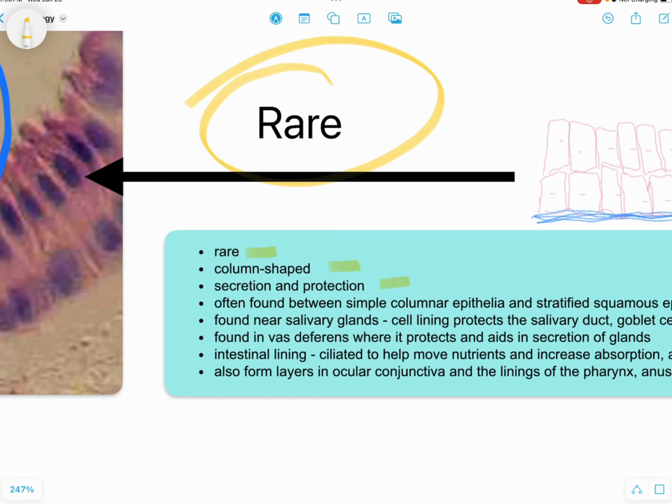It's often found between simple epithelia and stratified squamous epithelium. That's where it is. It's often near salivary glands, places like the vas deferens, if you happen to know what those are. If not, don't worry about it. That's associated with the male reproductive tract. Intestinal linings, also, you can see some of this material there.